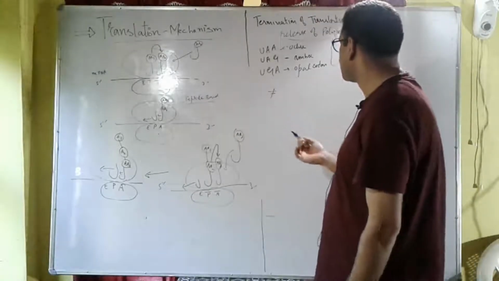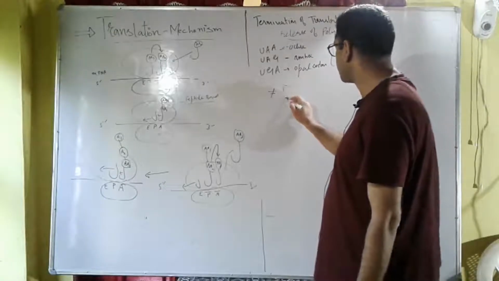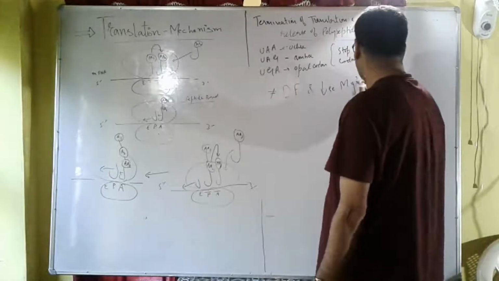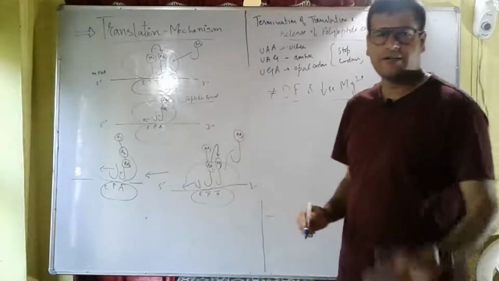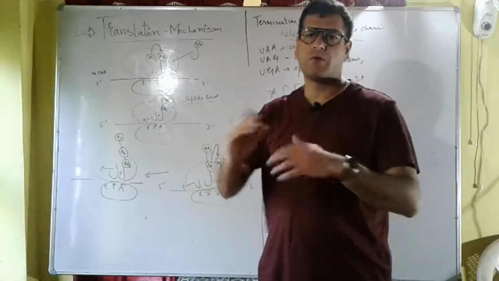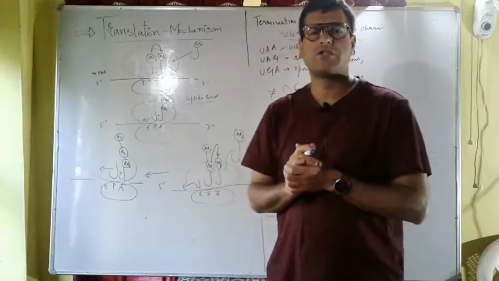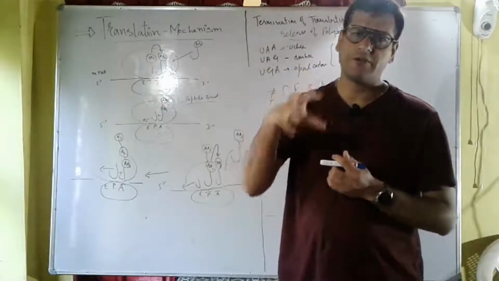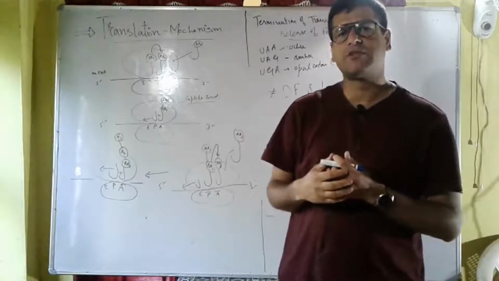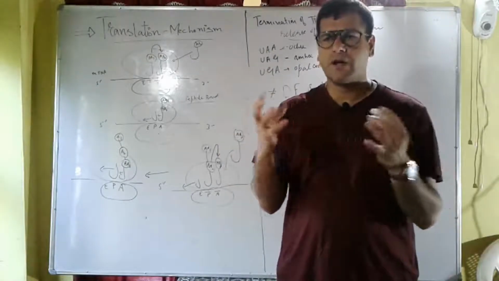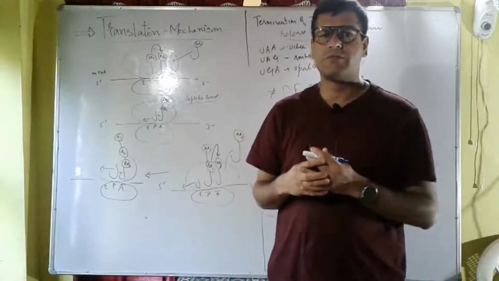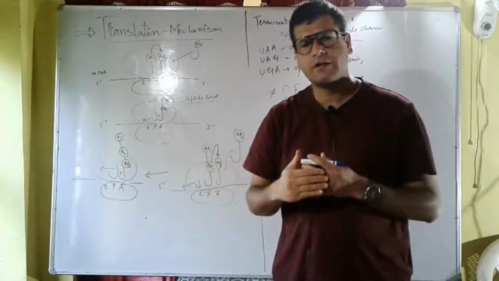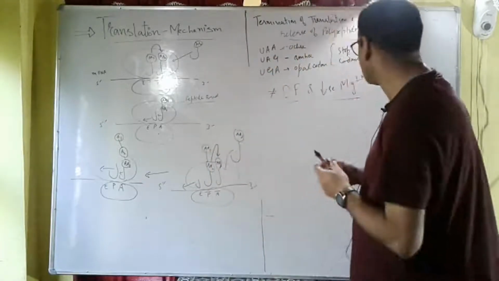In addition to this, there is a dissociation factor and a decrease in magnesium concentration, which are responsible for the dissociation of the ribosomal subunits. The dissociation factor is a protein. Magnesium is required for the assembly of the ribosomal subunits, but when the Mg2+ concentration decreases, the ribosomal subunits get disassembled.